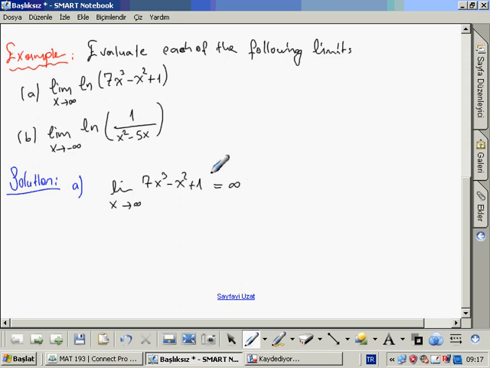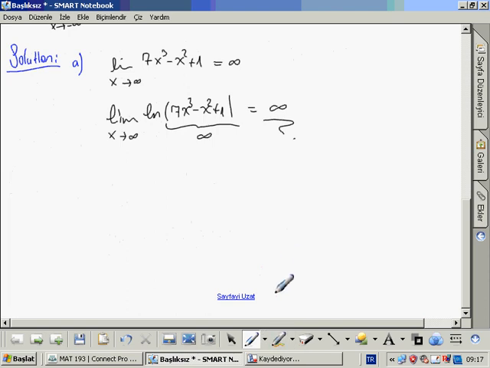The argument of the logarithm is going to infinity, and so the logarithm must also be going to infinity in the limit. So the limit as x approaches infinity of ln of 7x cubed minus x squared plus 1 is infinity.